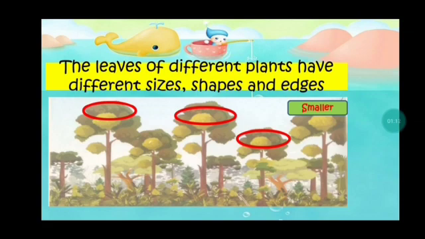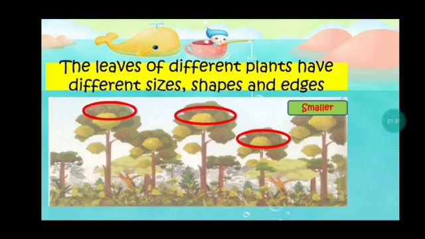So they usually have smaller leaves to reduce the loss of water. Because the position gets the sunlight easier, they usually have smaller leaves. What for? To reduce the loss of water.